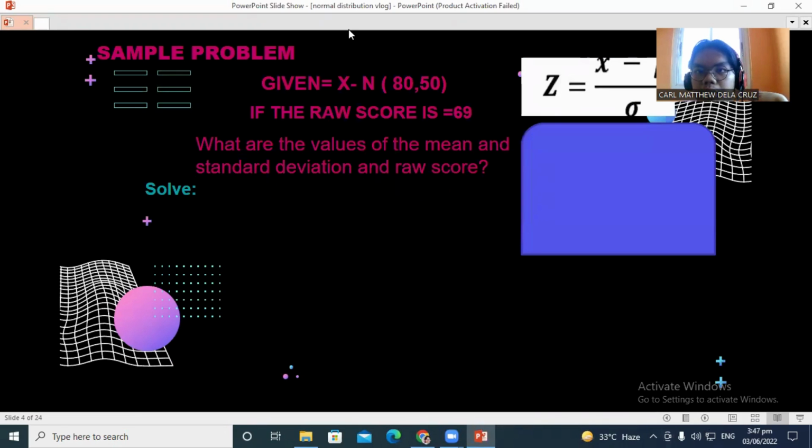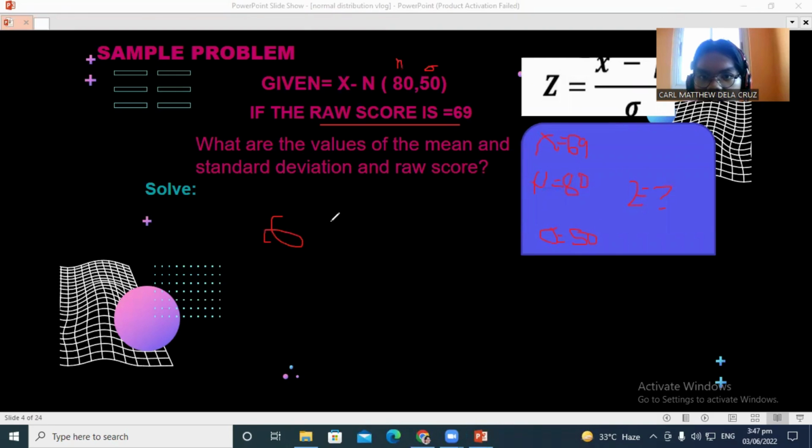So this is sample number 1. Let us solve. x is the raw score, then the mean, the standard deviation, and z. The raw score is 69, the standard deviation is 50, and the mean is 80.